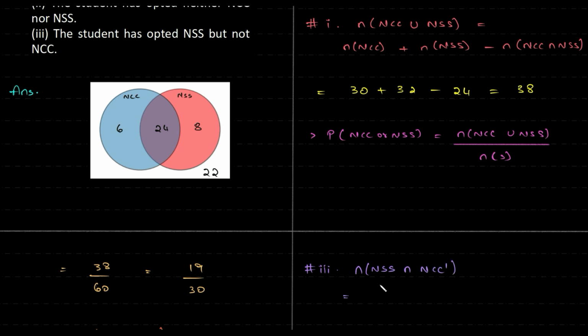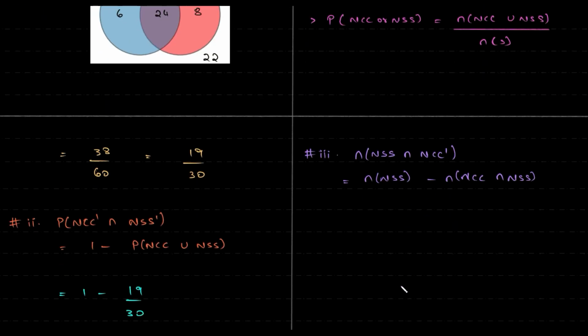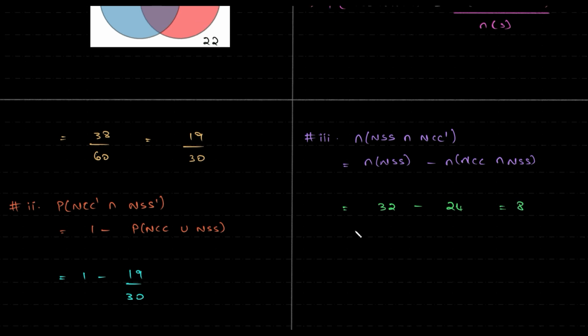Okay, so that would be number of people who are in NSS minus number of people who are in NCC and NSS. So basically this is 32 minus 24, which is 8. The same number we have to write and show.